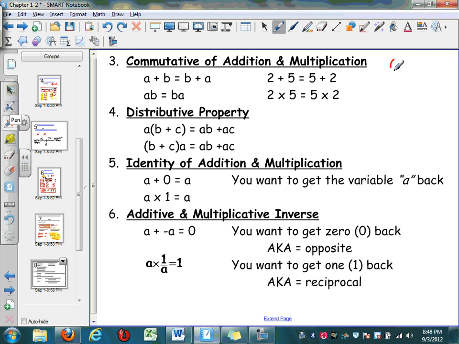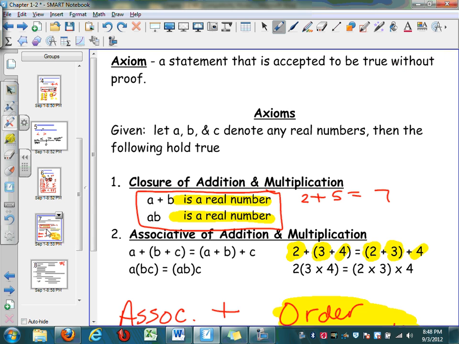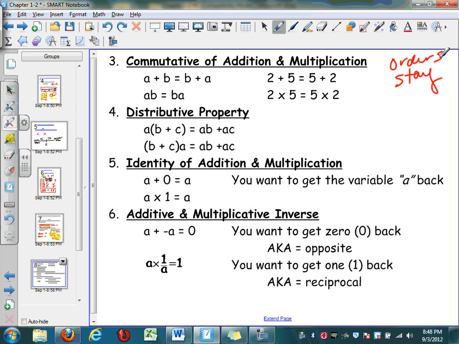On the associative property, the order stays the same, the parentheses move. On the commutative property, the order does not stay the same. Everything moves. Order changes.